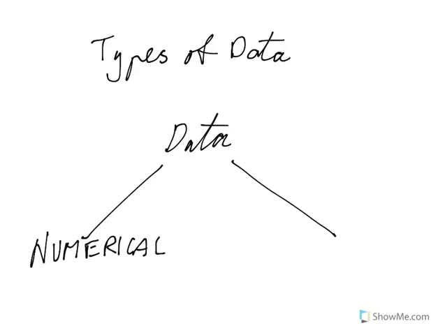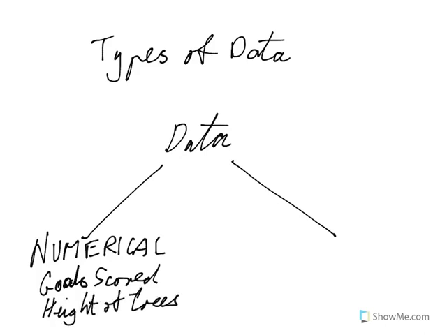Anything that you'd use numbers, say goals scored, height of trees, anything that you would use numbers for. The next one is categorical. And so eye colour, for example.